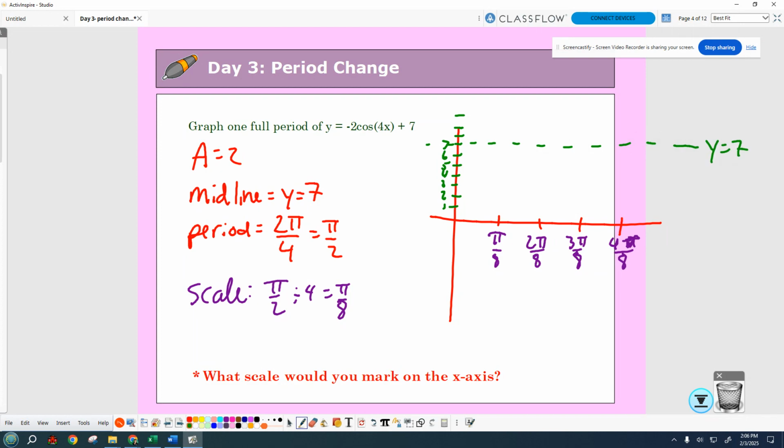Okay, things you need: a scale on the x-axis and a scale on the y-axis. So Trey said the first coordinate is (0, 5). Okay? If it starts there, where does it end?